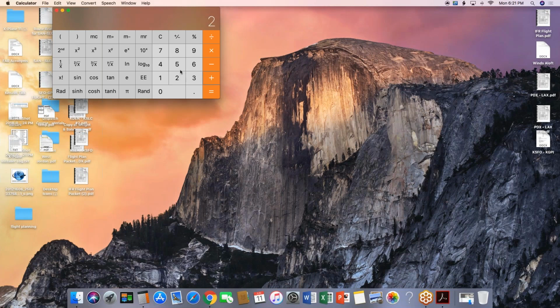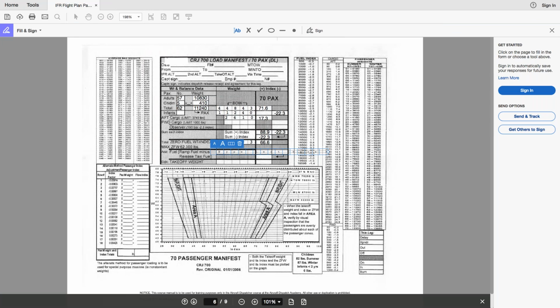After that, we need to add our reserve of 2,500 pounds, right? Because this fuel, it's asking for your Minto fuel. Okay, max zero fuel weight. The fuel is the ramp fuel minus the release fuel. So ramp fuel, the taxi fuel that we're subtracting is 250 pounds.